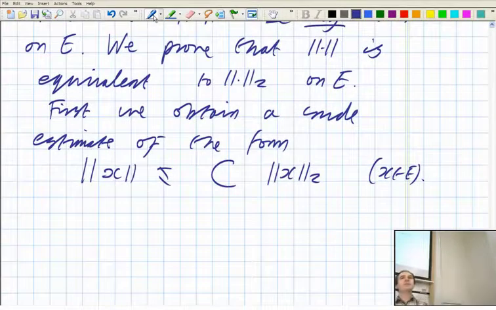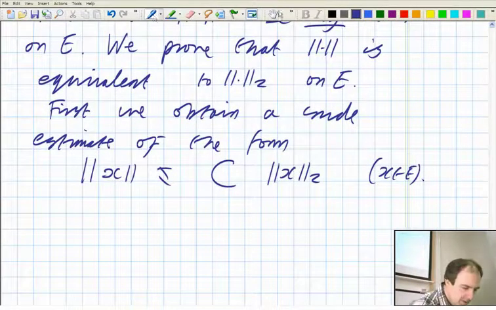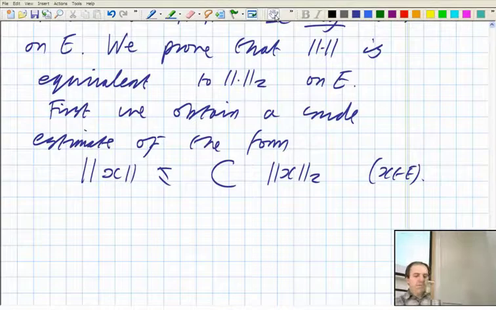Let's see how you do that. Remember, we're fixing M here, and we're fixing V1 up to Vm. So our constant is allowed to depend on those.